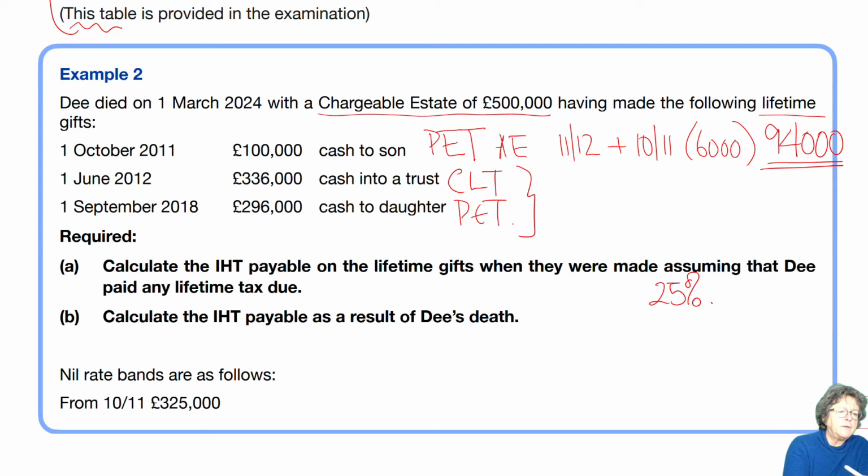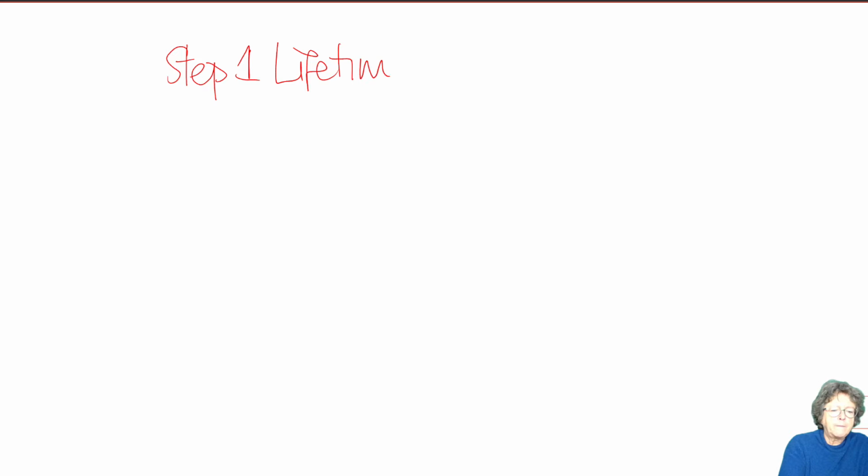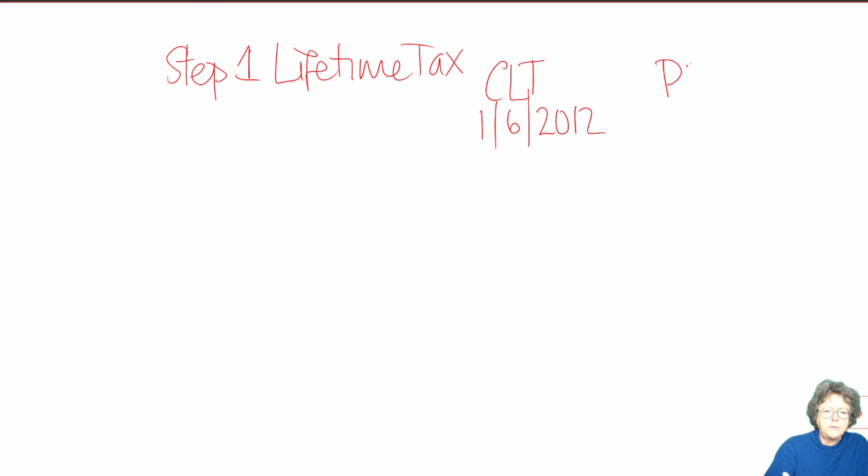So let's have a look at how that's going to look in a pro forma. Step 1 is lifetime tax. And we have 2 that we're going to deal with here. The CLT, which was on the 1st of June 2012, and then the PET, which was on the 1st of September 2018.